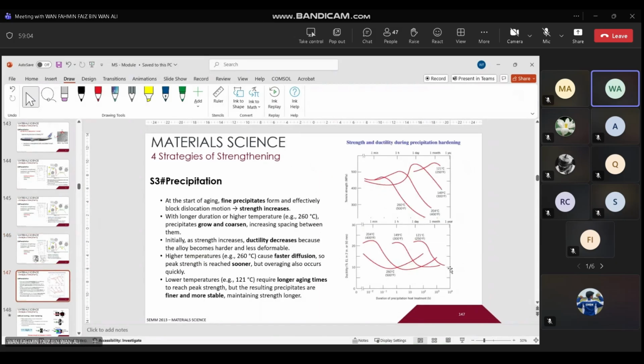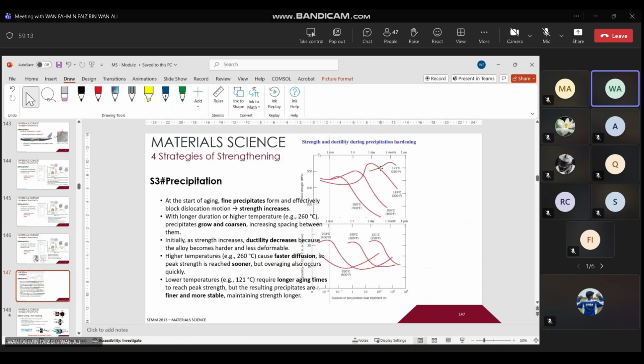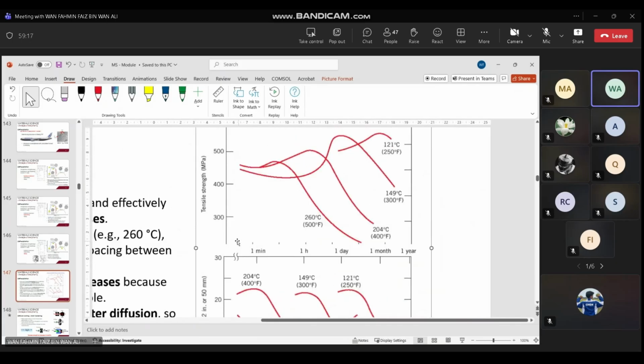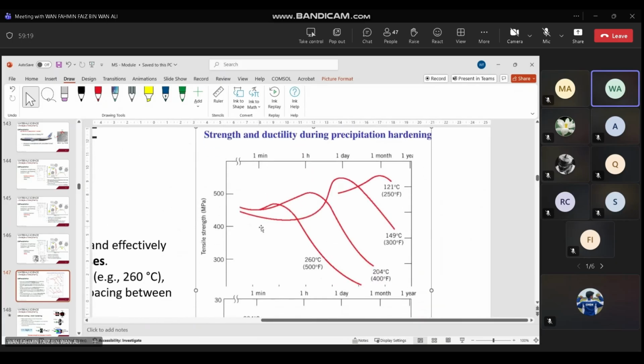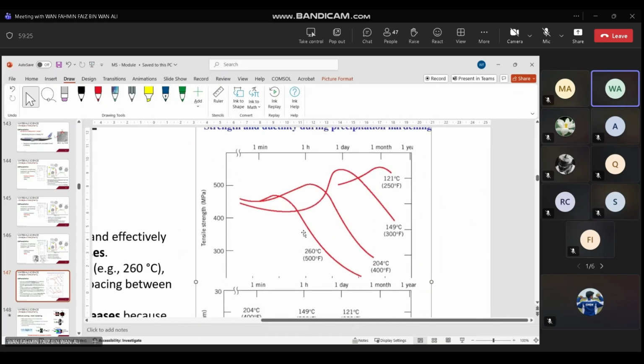This one is more or less to explain to you the effect of the aging. If you look into the first diagram here, how the aging affects the tensile strength and also the ductility. Ductility is the opposite property of the tensile strength.